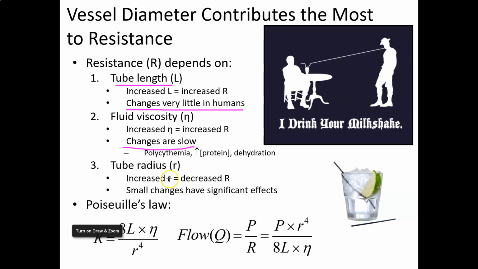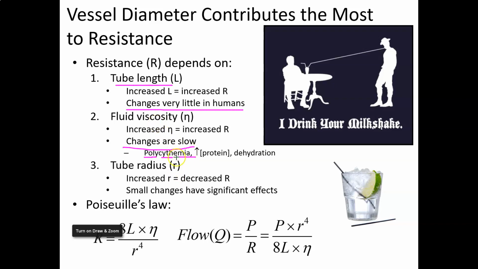Or we had something called polycythemia. So poly, many, cyth would be cells, and emia would be blood. Somebody who had polycythemia would have too many cells, and typically this is reserved for red blood cells. So if you have an excessive number of red blood cells, that's going to make your blood thicker, and that's going to increase the viscosity.